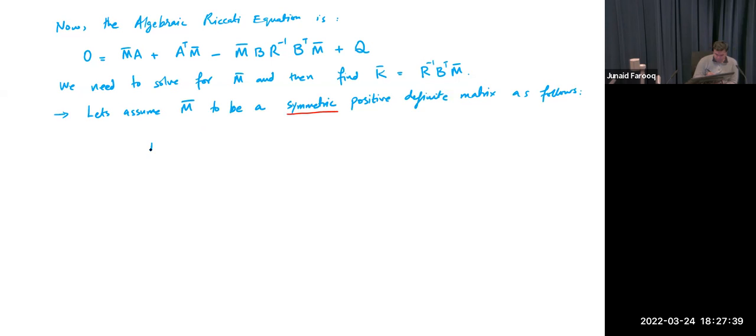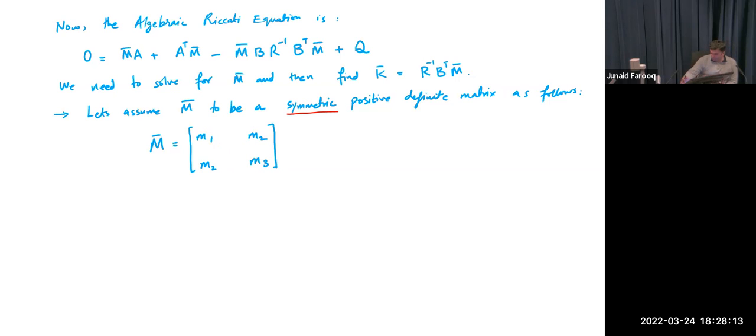As follows. Let's say M bar equals M1, M2, and because it is symmetric, the off-diagonal terms will be the same, and then M3. Here we are looking at a 2x2 system, so we can assume M bar to be a 2x2 matrix, and let's say it is of this generic form.